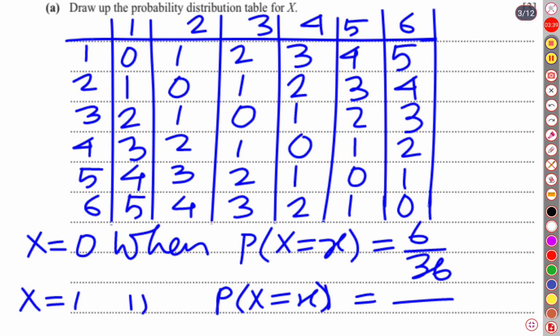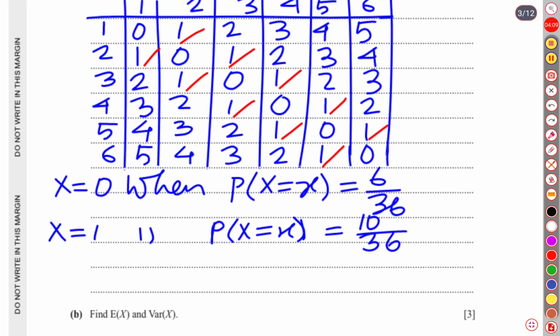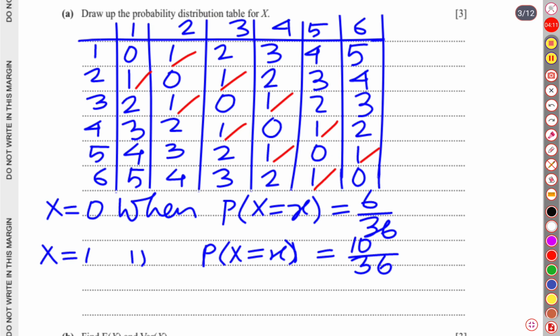Let me count once again, one with different ink. 1, 2, 3, 4, 5, 6, 7, 8, 9, 10. There are 10 ones. So it is going to be 10 over 36.